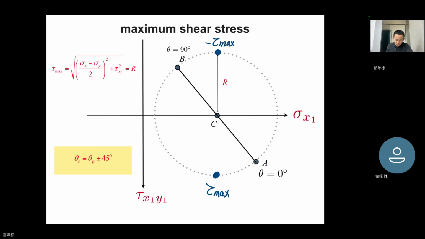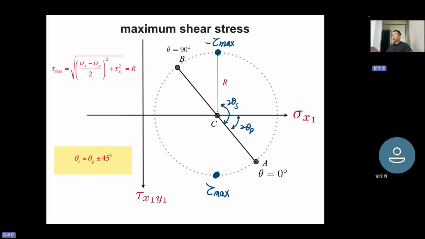All right. Again, you remember this is 2 theta P, right? Theta 0 to the sigma 1. So this is 2 theta P, and this will be 2 theta S. And what is the difference between 2 theta S and 2 theta P? 90 degrees, right?